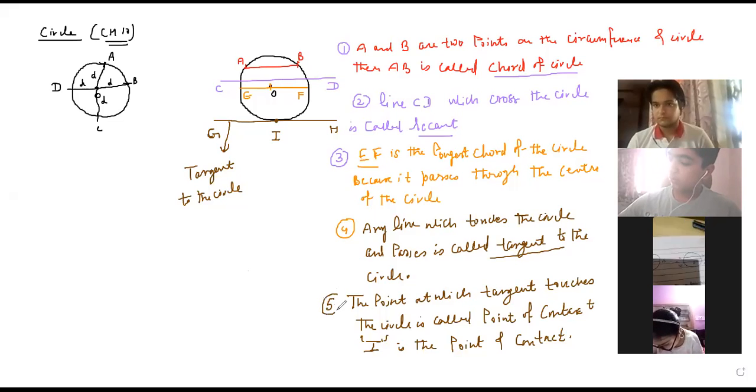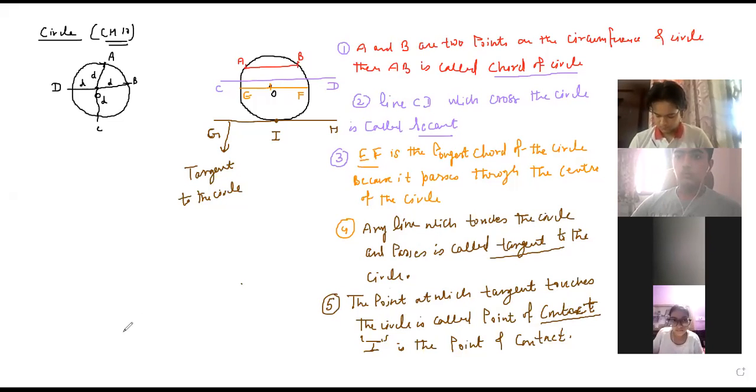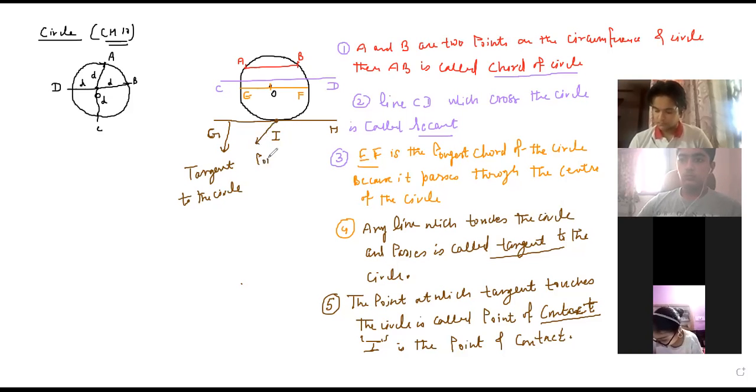So point number 4, any line which touches the circle. Fifth, the point at which the tangent touches the circle is called the point of contact. Point of contact, CONTACT. I is the point of contact. This is I. This is the point of contact.